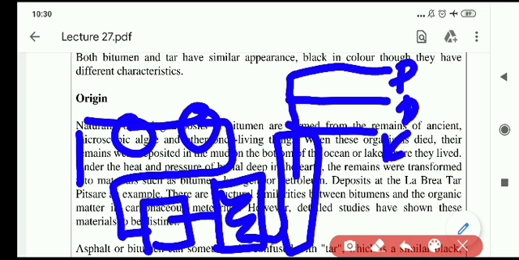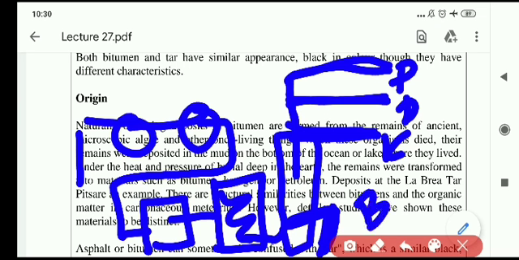All these three products are collected after condensation, and at the last some thick residue will remain. A thick liquid is collected at the bottom here. That thick liquid is known as bitumen.